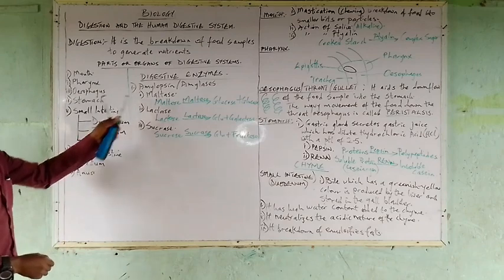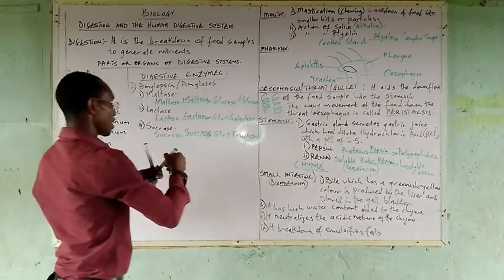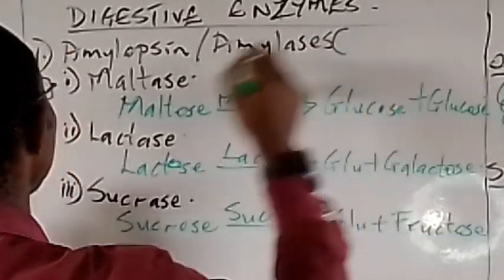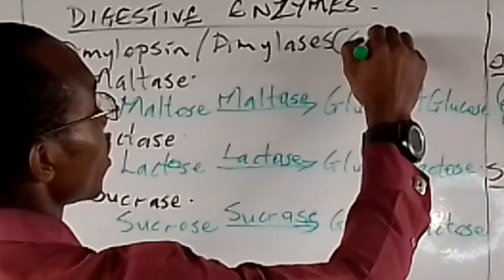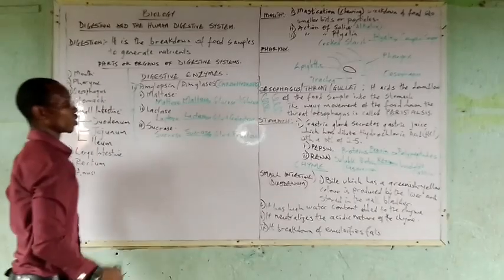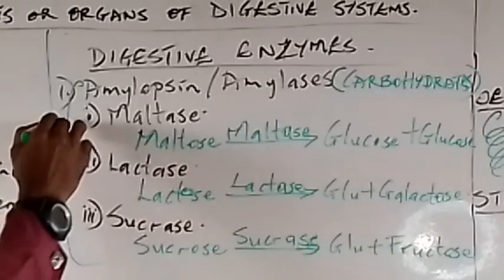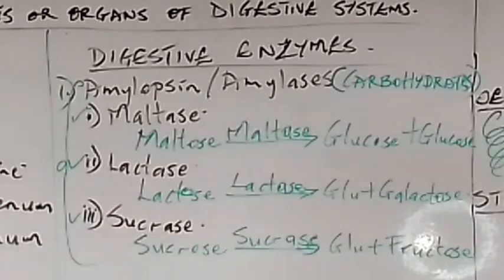So those are the three digestive enzymes or pancreatic enzymes that act on carbohydrates. Number 1, number 2, number 3, they all act on carbohydrates.